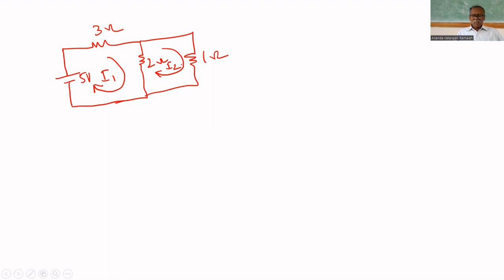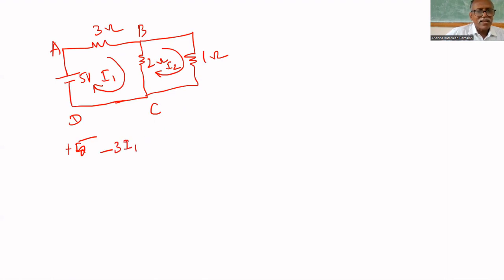Now we have to write the equations. The same way we can write. For KVL, how did you write? You are traveling from A, B, C, D, A. Here there is a rise in potential, plus 5, then a fall in potential, minus 3I1.